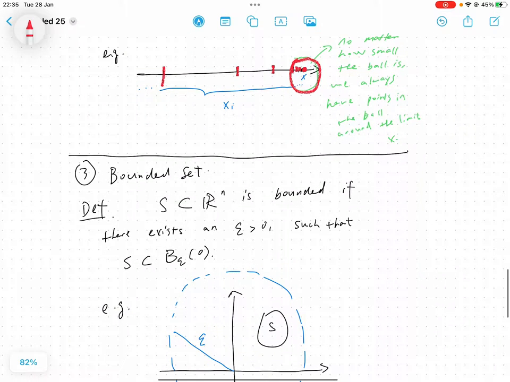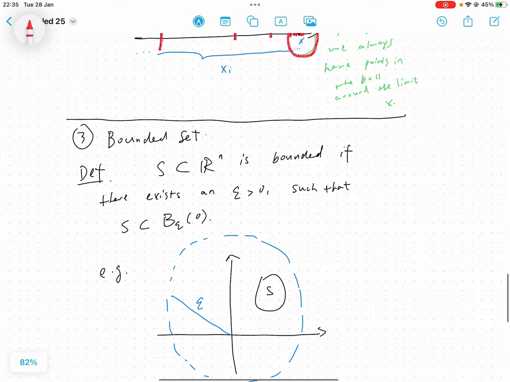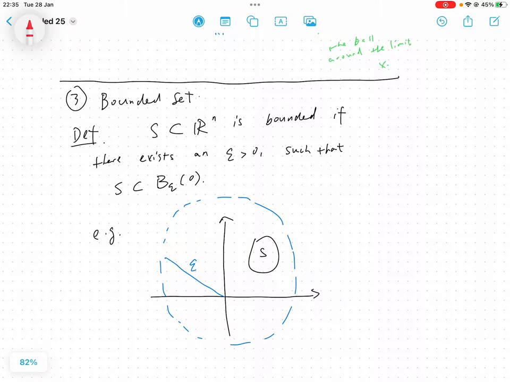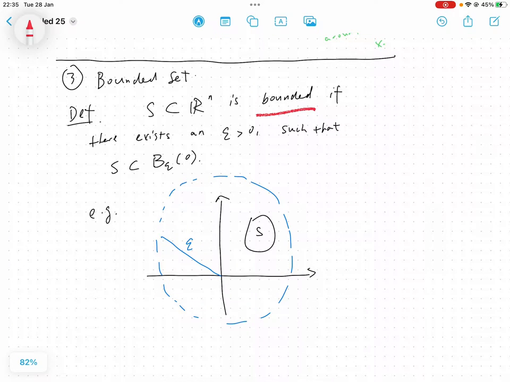The third and last thing for today is the notion of a bounded set. We say that a set S, a subset of Rn, is bounded if there exists an epsilon such that S is a subset of the epsilon ball with radius epsilon and center 0, the origin.